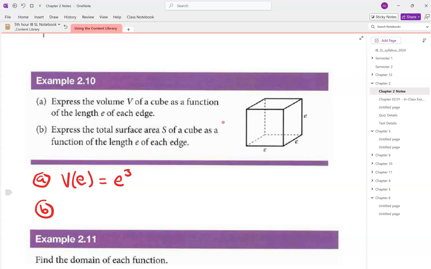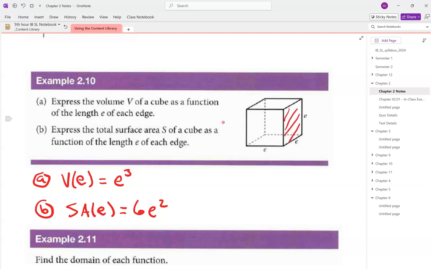All right, so part B says find the total surface area of the cube as a function of edge length. So I'll say SA of E, just 6e squared. How much area is one face?